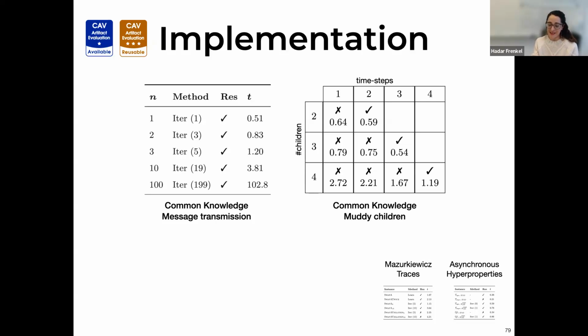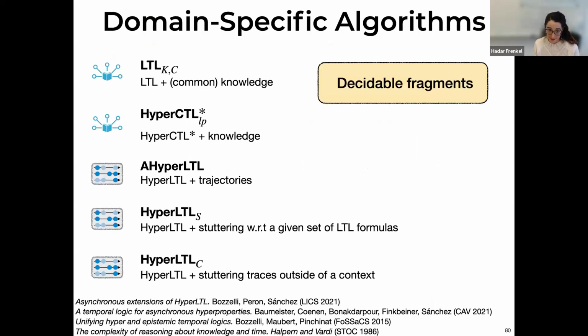And now I'm gonna go back to this slide once again. As I said, there are domain-specific specifications and also domain-specific algorithms for these properties. The limitations here are that they are domain-specific, so they are not exploiting similarities between different properties, but also that all verification algorithms that already exist are limited only to decidable fragments of the logic, while our algorithm can actually handle properties that are beyond the decidable fragment.